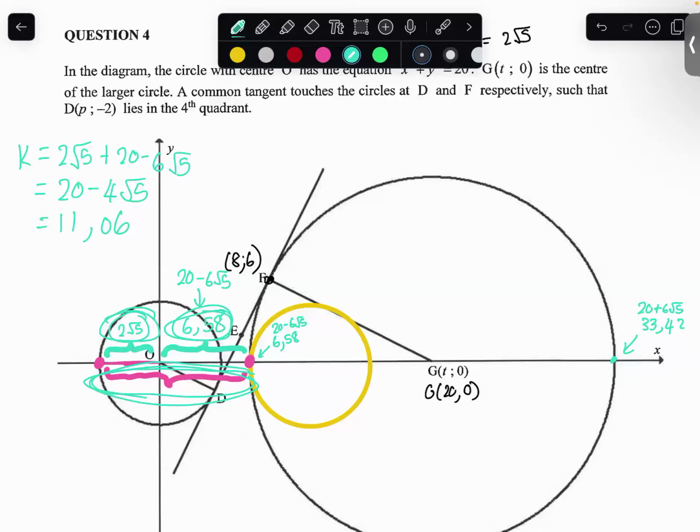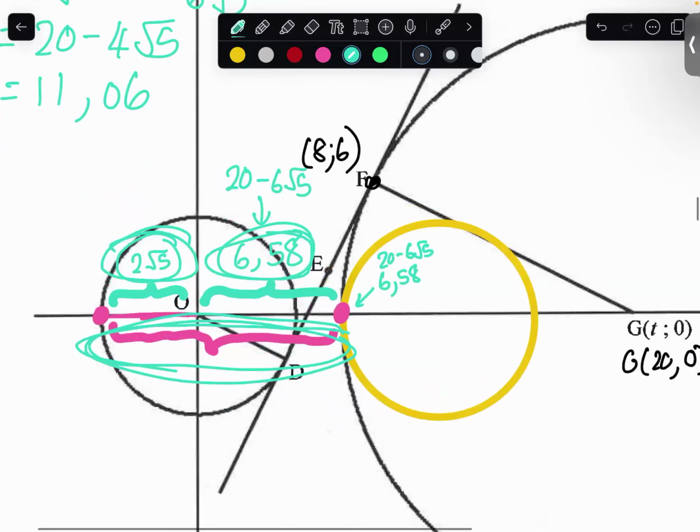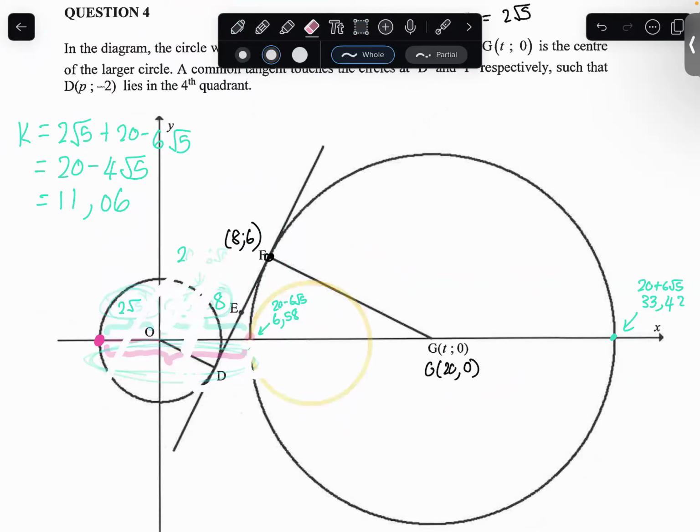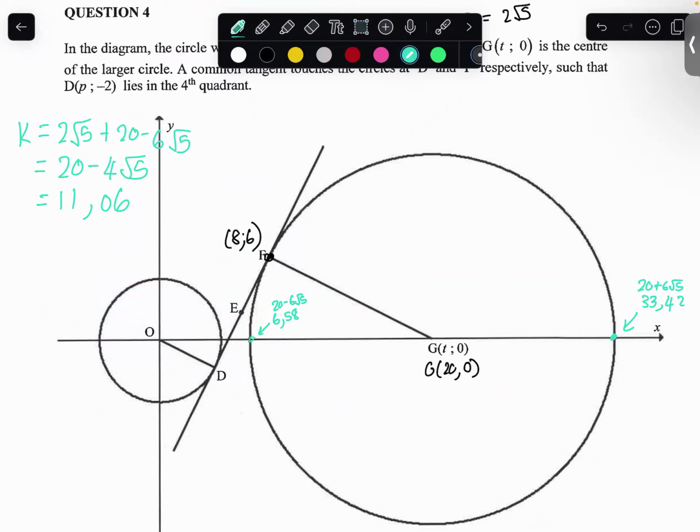This is when the smaller circle touches the bigger circle on the left-hand side. But then there's another scenario also. The other scenario is this. Watch. I'm not going to erase that part, I'm going to leave this alone because I need that point. We have the smaller circle.